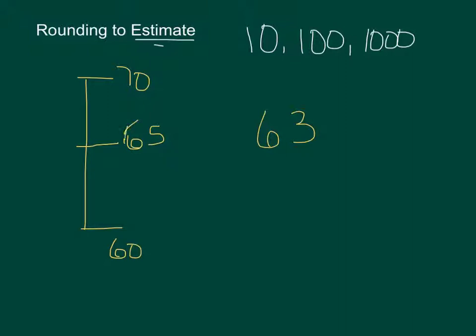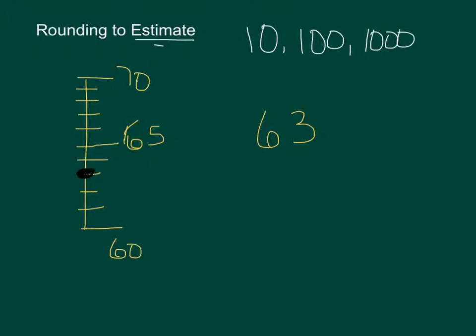So let's figure out where 63 would be in relation to that. We have 60, 1, 2, 3, 4, and of course 65, 66, 67, 68, 69, 70. Now we ask ourselves, where between 60 and 70 does 63 fall? And of course, as we count 60, 61, 62, 63, we see that 63 is right here.